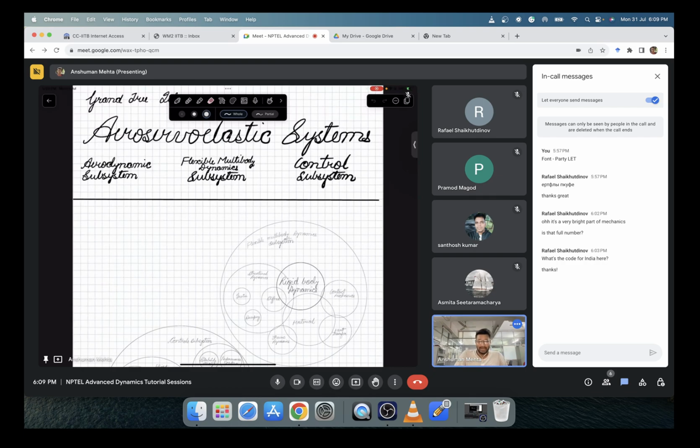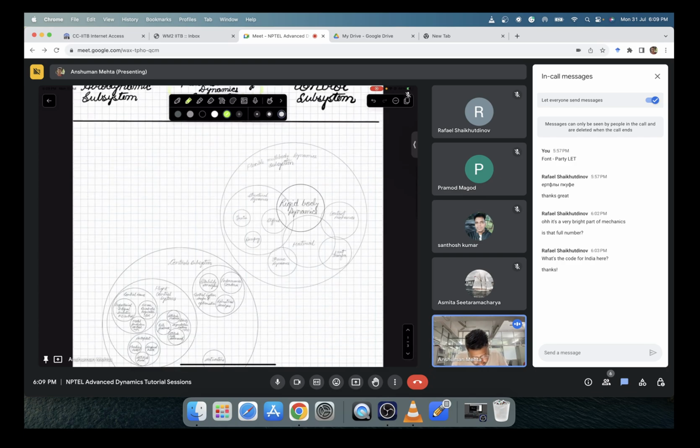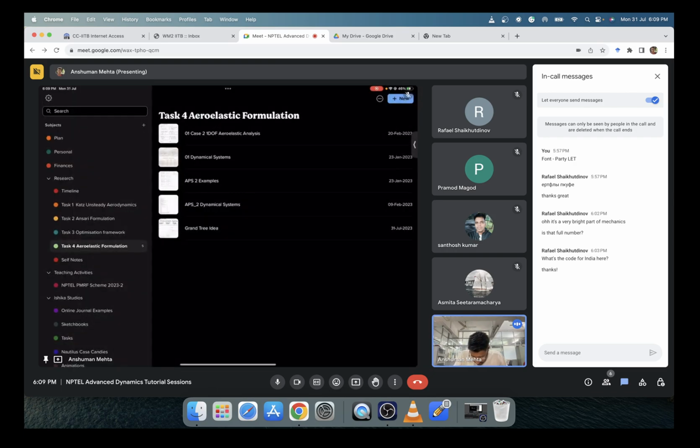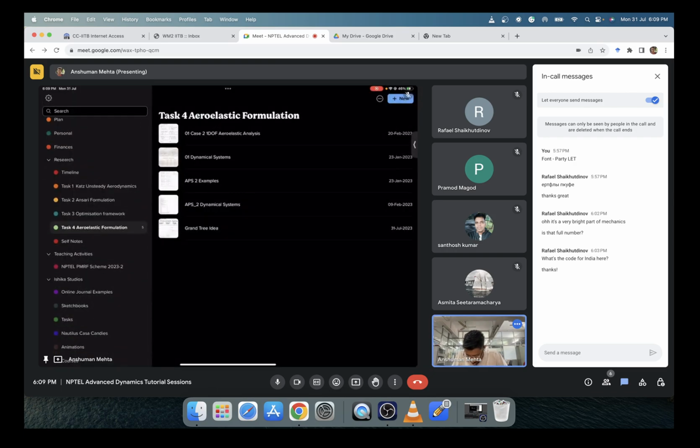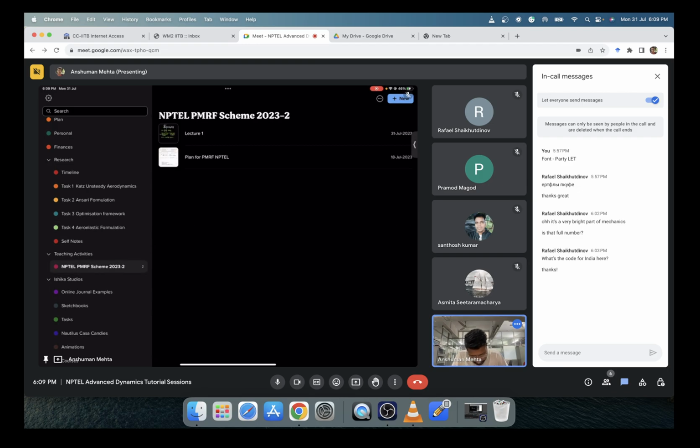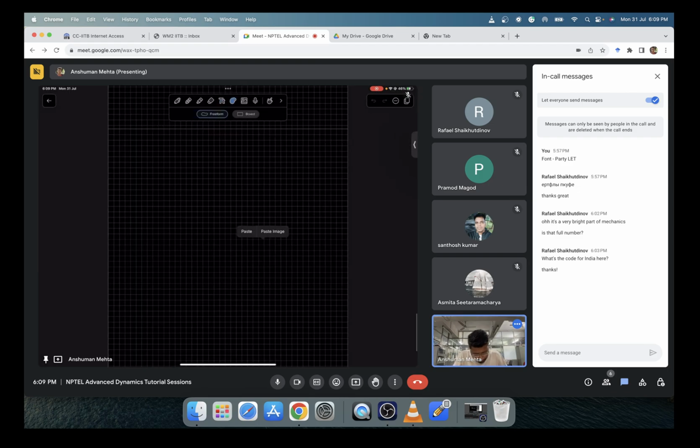That is a part of advanced dynamics, but let's see how much we can cover. Majorly we will be doing this flexible multi-body dynamics system. So I will just take this circle which is of our interest and put it there in the notes. It's of a different color.